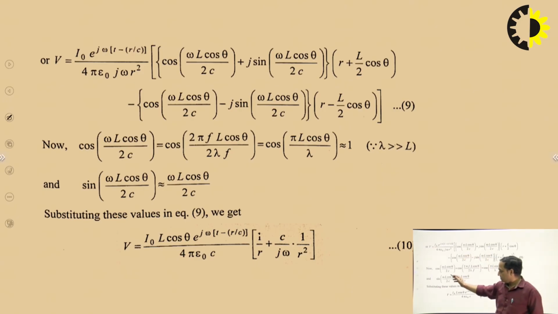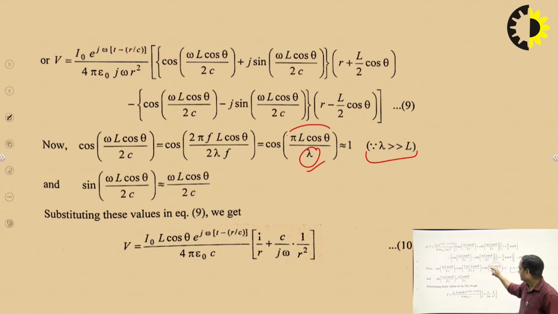In this case, cos of omega L cos theta upon 2c. So we solve this equation and come to this point. Again we use the condition that lambda is very much greater than L. So when lambda is greater than L, this value will be very small. When this value is small, cos theta becomes 1.